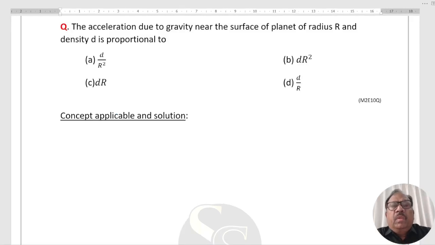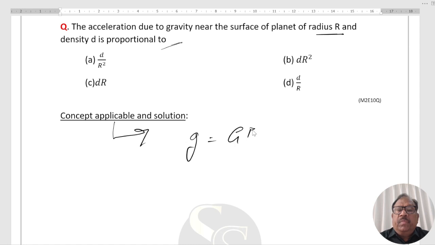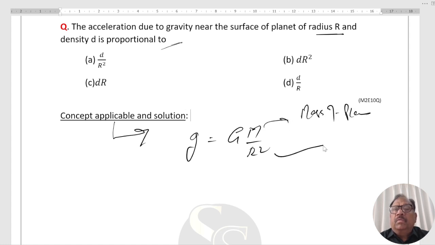Question is, acceleration due to gravity near the surface of a planet of radius R and density d is proportional to? As we know, the concept applicable in the solution: g equal to G M upon R square, where M is the mass of the planet and R is the radius of the planet.